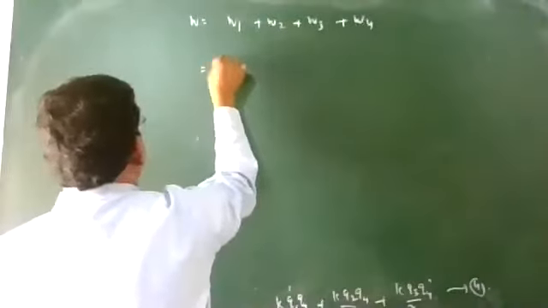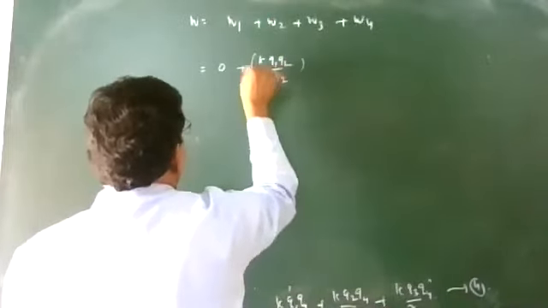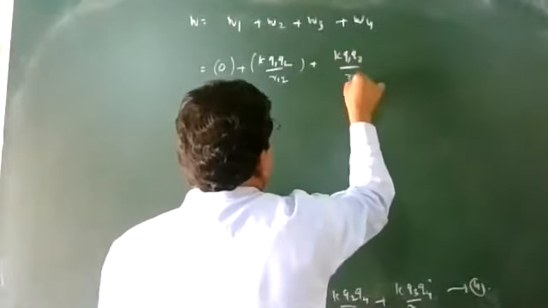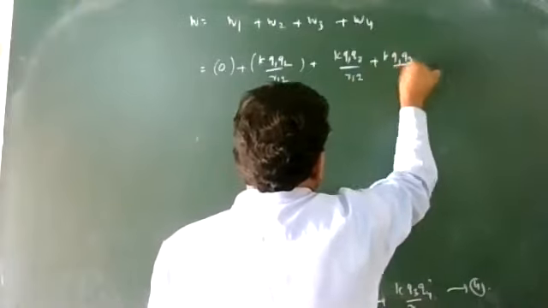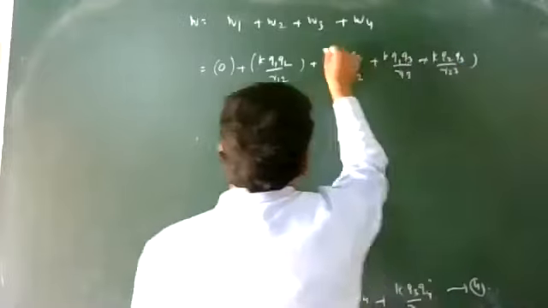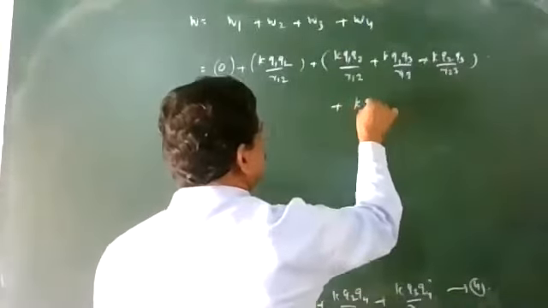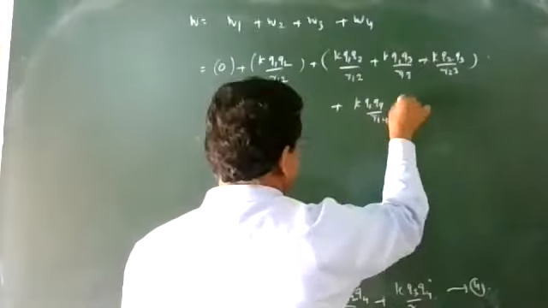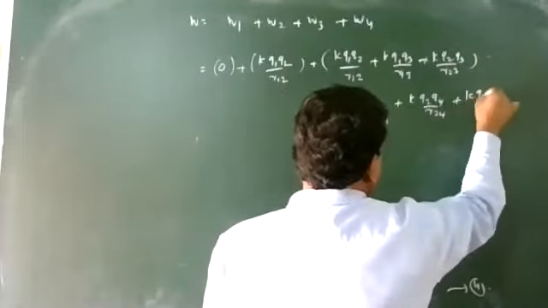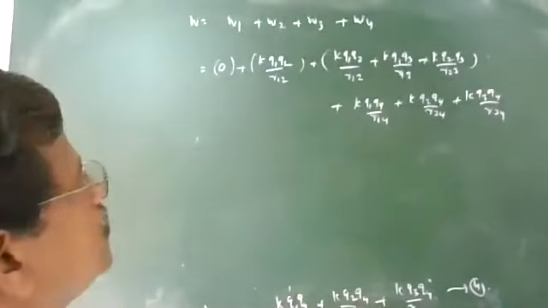What is W1? 0. Second, K Q1 Q2 divided by R12. What is W3? You have written this now: K Q1 Q3 divided by R13 plus K Q2 Q3 divided by R23. Now W4, that is written here at the bottom: K Q1 Q4 divided by R14 plus K Q2 Q4 divided by R24 plus K Q3 Q4 divided by R34. The total work done is this.